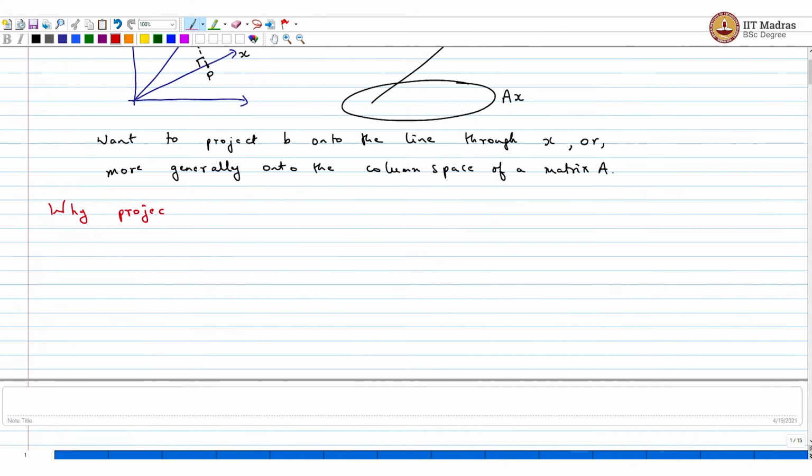The important question is why project? What is the requirement or the need for projection? And this is the first question that we are going to answer.